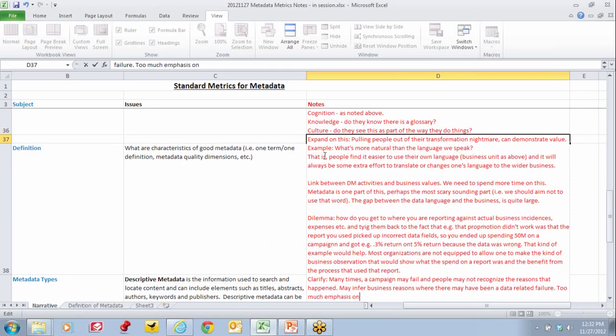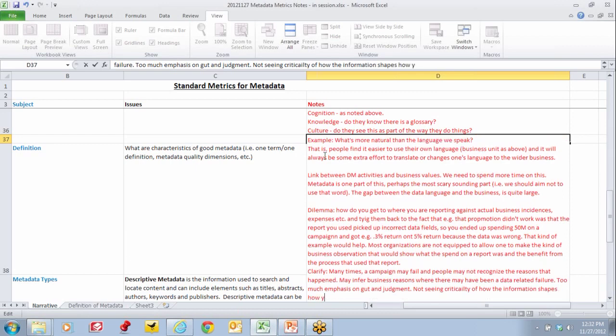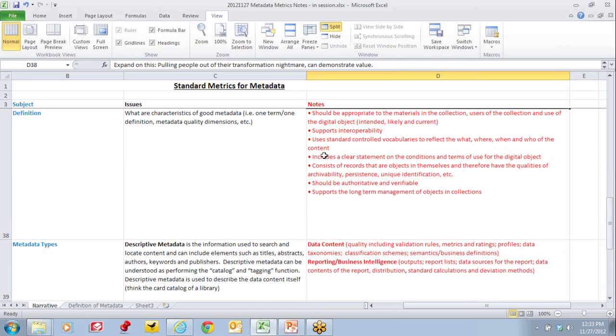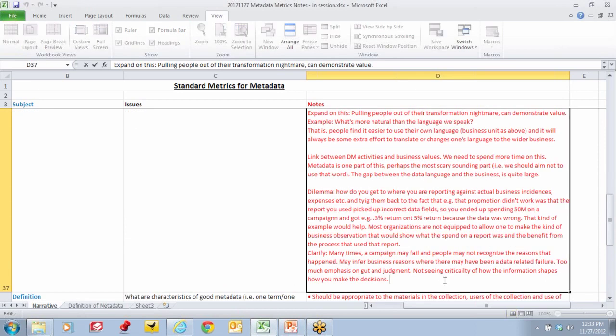And that's it, Sheila. If we can't do that, show them. If we can't do that, we won't advance the practice of data management as fast as we all hope. I absolutely agree, but most organizations are not equipped to allow us to make that kind of business observation, where they realize that not only was the time and money put into developing the report not well spent, but then the program they based on it was lost value.